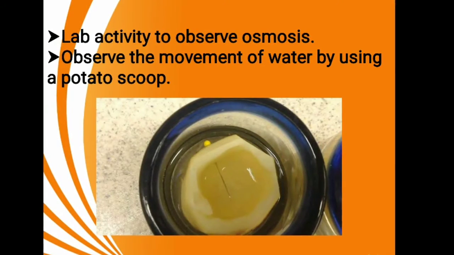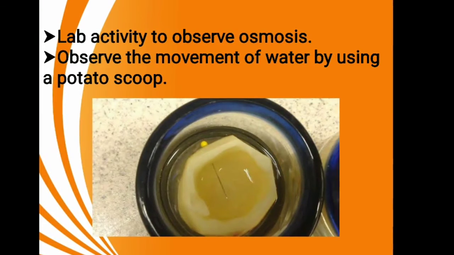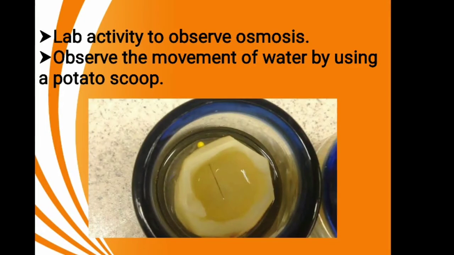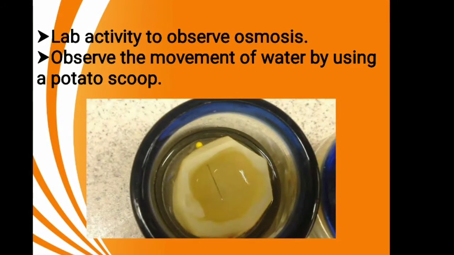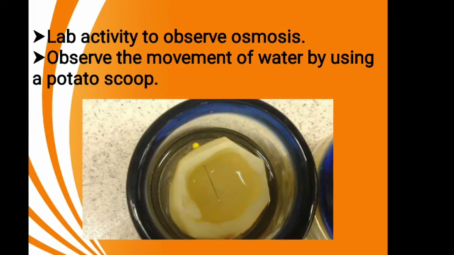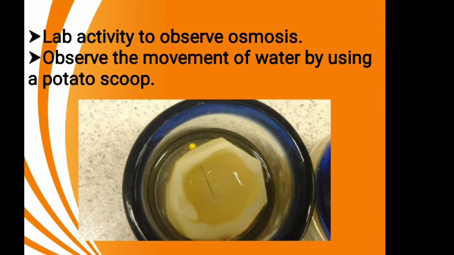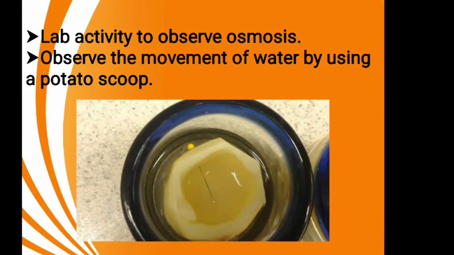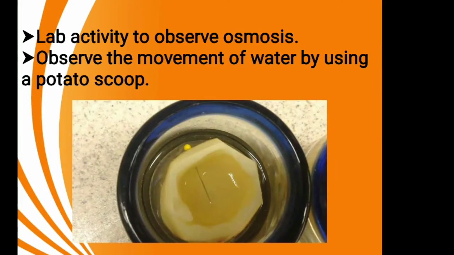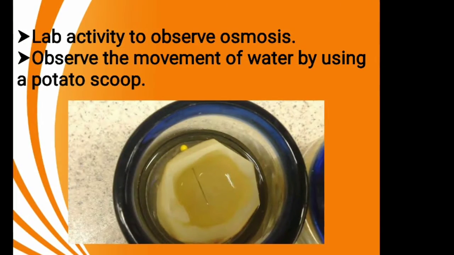The 2 different scoops of potatoes you need to place in a petri dish or a bowl. 2 sets of experiments you have to prepare. In the first set, in the petri dish you have to pour tap water, and in the potato scoop you have to pour sugar solution. In the second set of experiment, you need to pour sugar solution in the petri dish and tap water in the potato scoop.